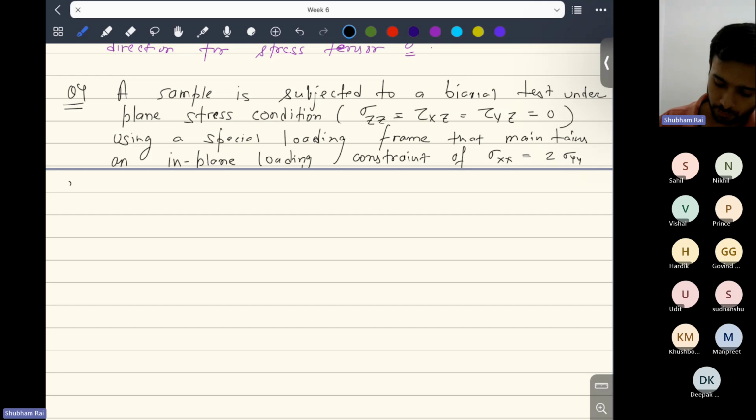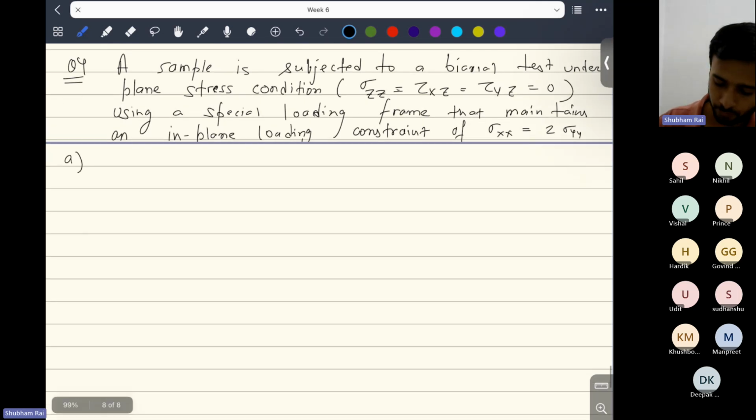And what you need to find out is, in part A, you have to find the slope of sigma xx versus epsilon xx.